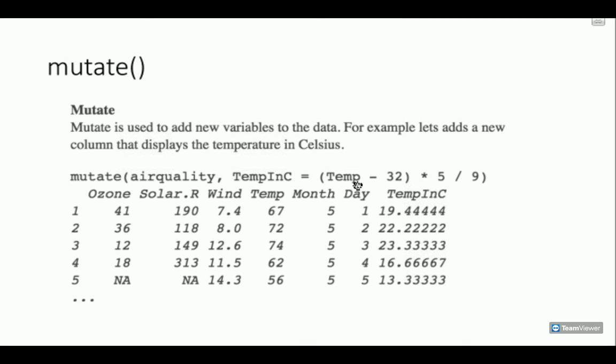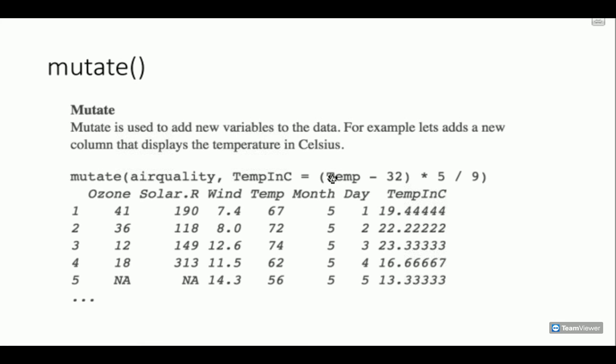We are saying use the temp column and convert it to Celsius. Usually the temperature in the US, and also in this data set, is in Fahrenheit, and you have to convert it into Celsius, and then we add that column to this data set.